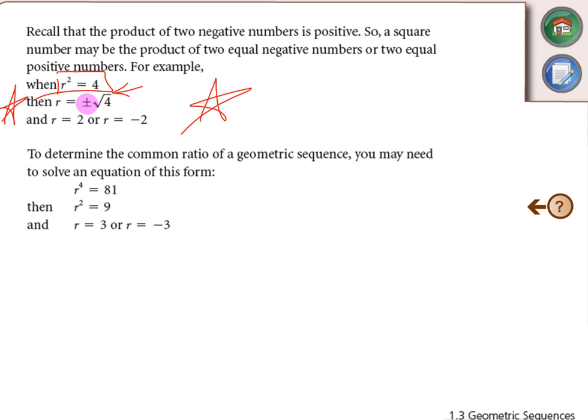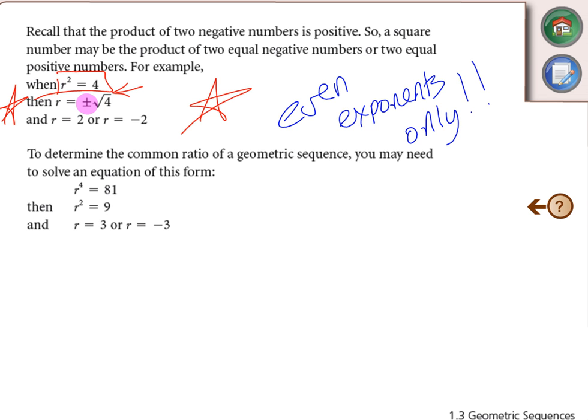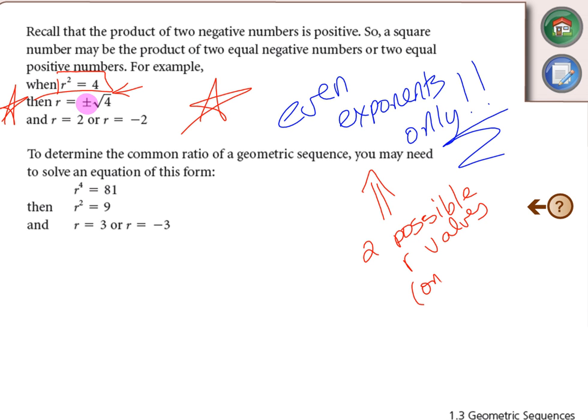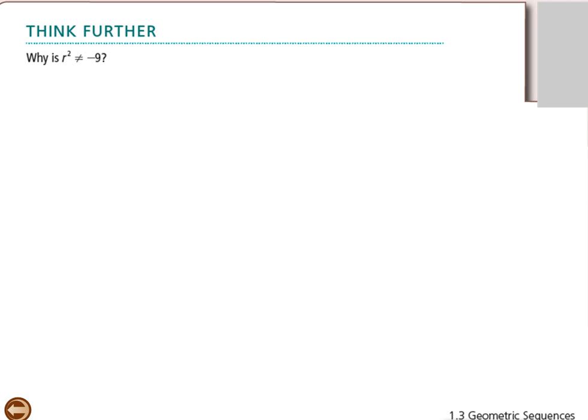This is only going to happen with even exponents, so even exponents, two possible R values. One positive, one negative. And also come up with something to discuss in this question as well here.